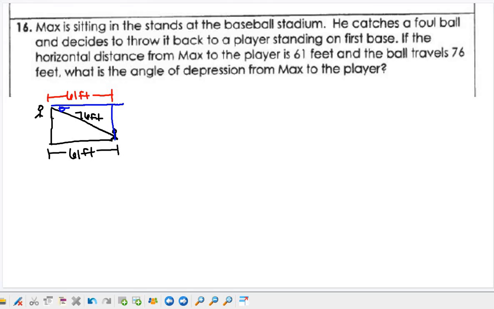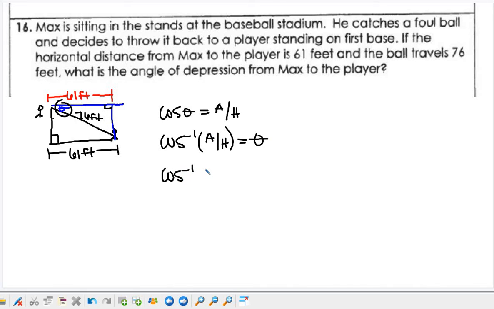So then it becomes, what trig ratio do I have? So here's my theta. I have adjacent, and across from the right angle is the hypotenuse. So that's cosine, adjacent over hypotenuse. That means cosine inverse, because I'm looking for theta, of adjacent over hypotenuse is equal to theta.